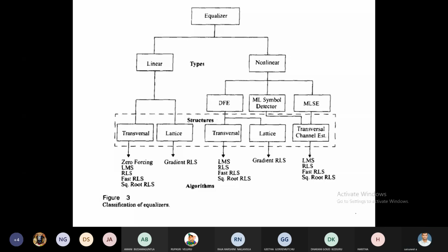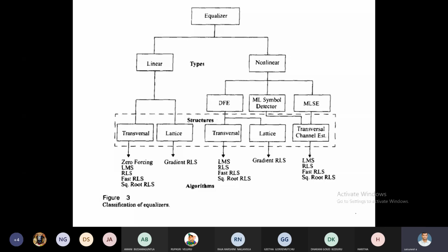This is the basic linear transversal equalizer structure. The input of this equalizer contains the output of the receiver plus noise, which is given to the equalizer, which has a number of tap connections.